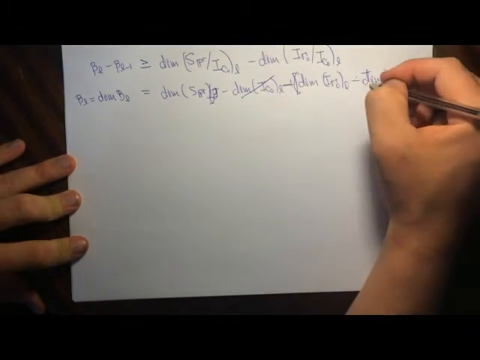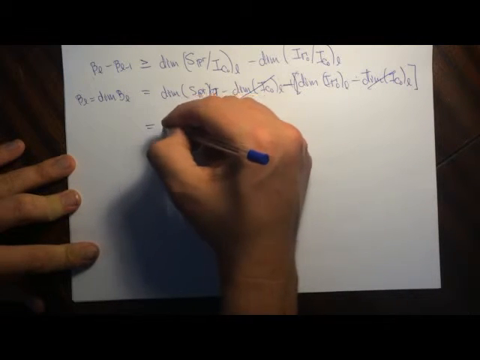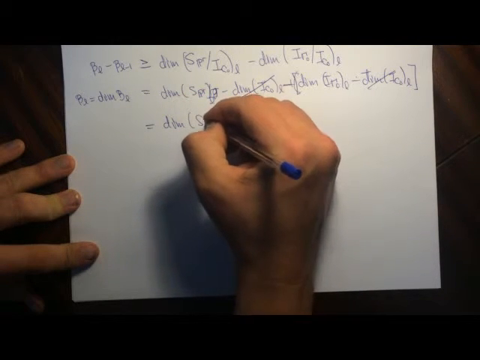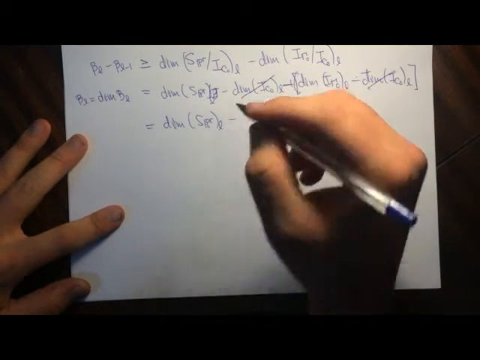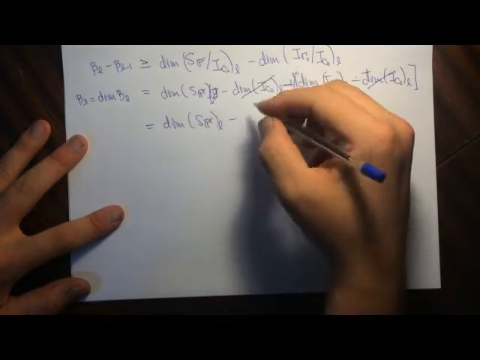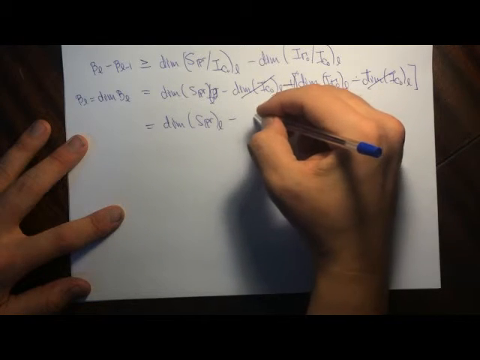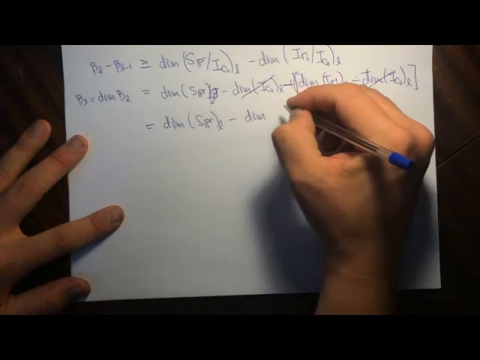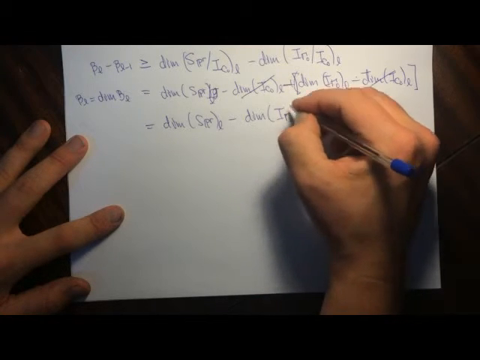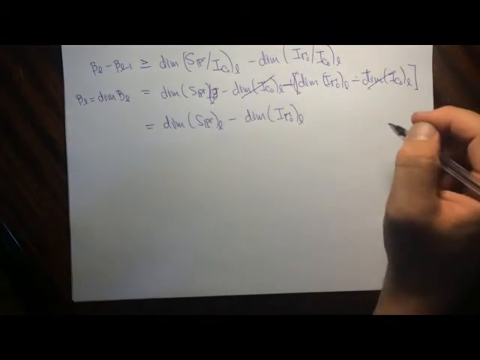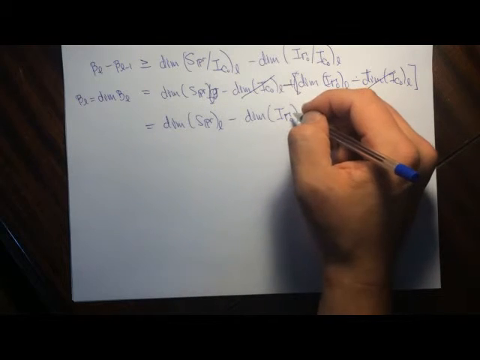Okay, these cancel, and we see that this is just the dimension here of degree L hypersurfaces, so the number of independent hypersurfaces of degree L, and then this is the number of hypersurfaces of degree L that contain gamma.